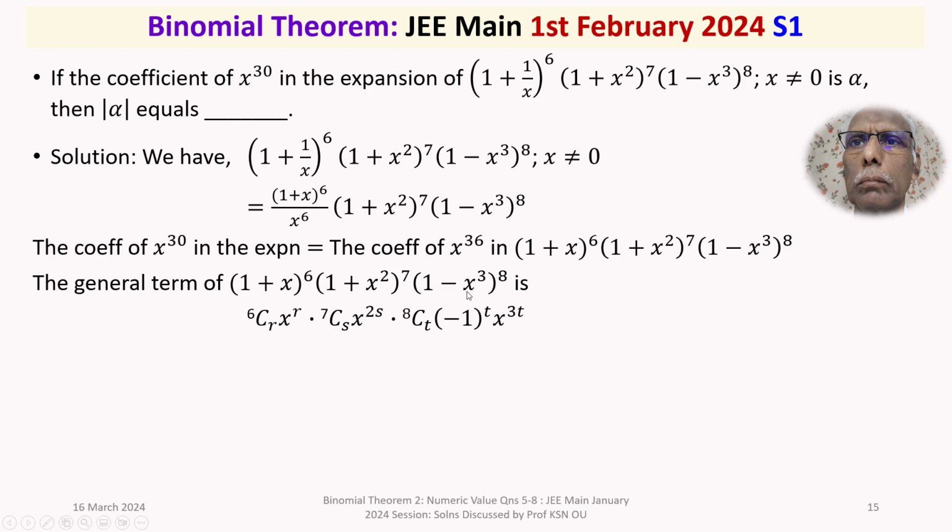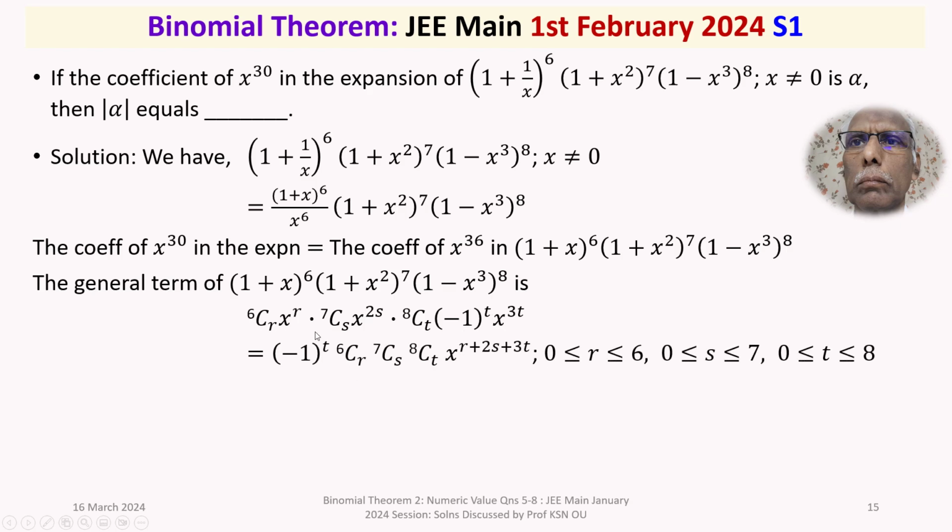And here (1 - x^3)^8 gives 8Ct multiplied by (-1)^t, because of (-x^3)^t, that is x to the power of 3t. Agreed. And that will be equal to (-1)^t into 6Cr multiplied by 7Cs multiplied by 8Ct multiplied by x to the power of r + 2s + 3t, where r takes the values 0 to 6, s takes the values 0 to 7, t takes the values 0 to 8.